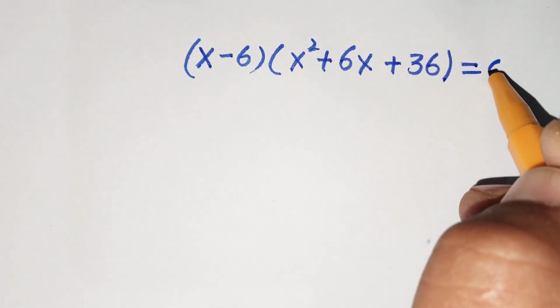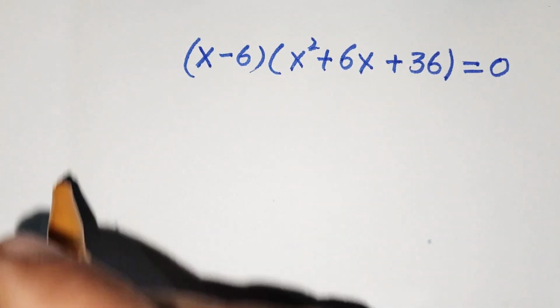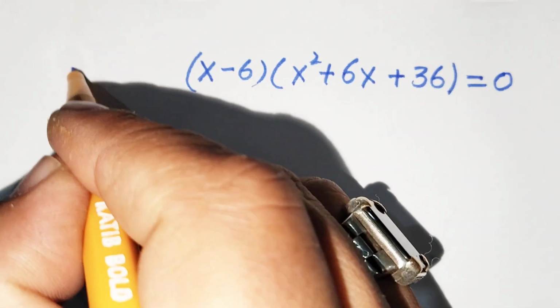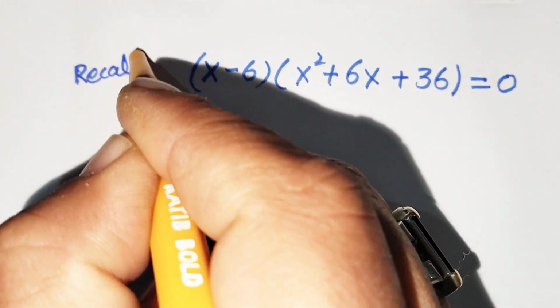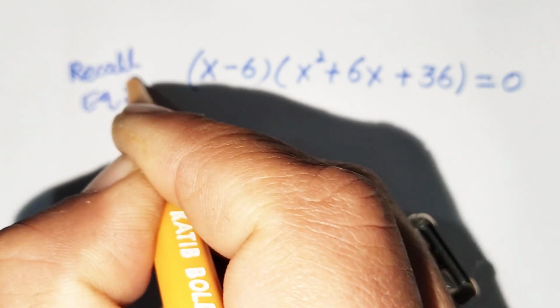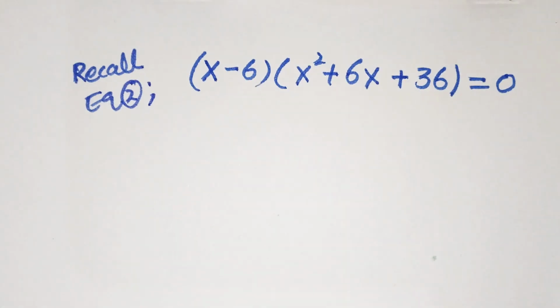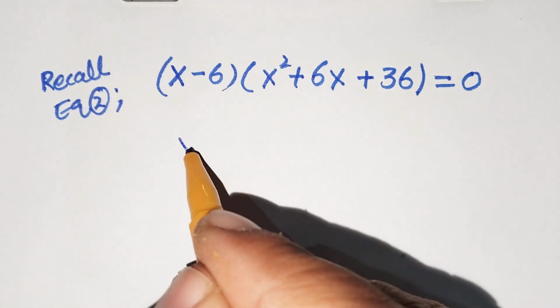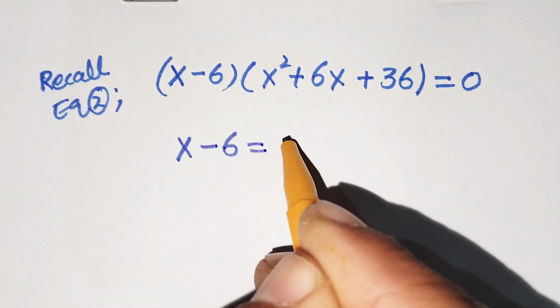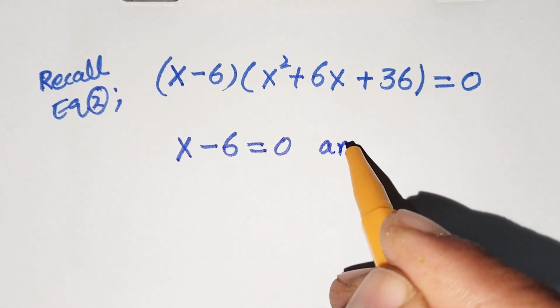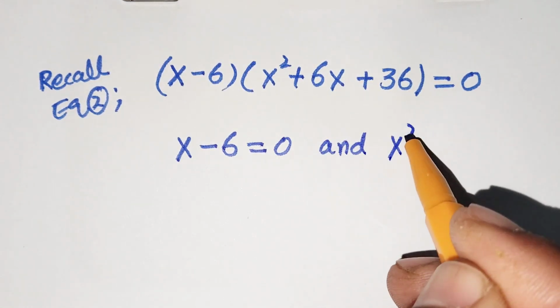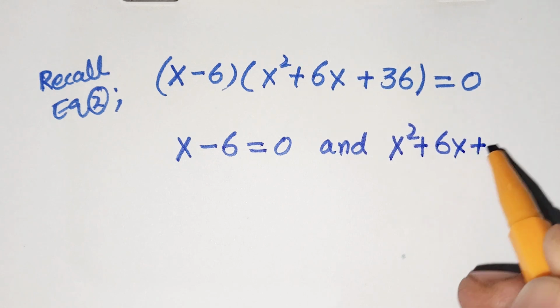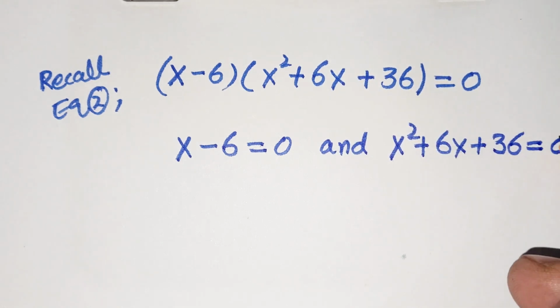So we are just recalling our equation number 2. Now we are going to find out the solution of x. As we know, x minus 6 is equal to 0, and similarly x square plus 6x plus 36 is also equal to 0.